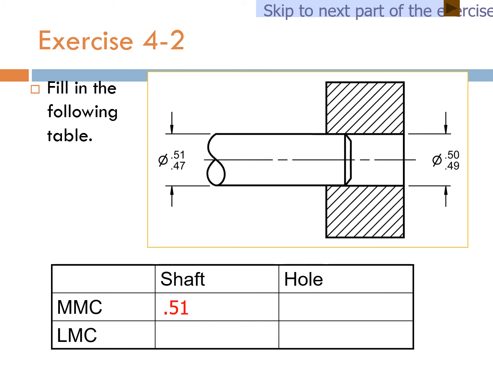So the shaft, you should use 0.51. The hole, you should use 0.49. For LMC, you're going to use the shaft to be the smaller one, which is 0.47, and the hole you're going to use the larger size, which is 0.50. And that's the meaning of the MMC and LMC.